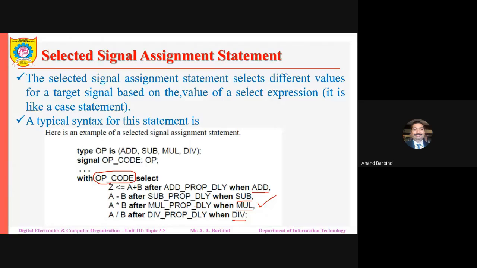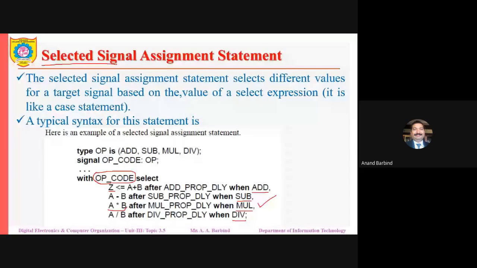Then Z is assigned A into B. If instead it matches with subtract, then Z is assigned A minus B. I hope you understood this selected signal assignment statement.